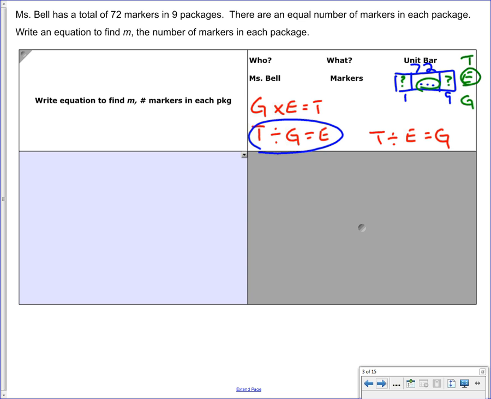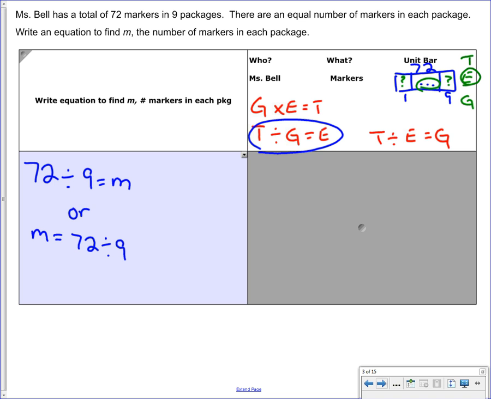So we set up our equation as so. 72 divided by 9 equals m, or we can write it as m equals 72 divided by 9. We don't know which way they're going to write it, so we'll write it both ways, just in case the way we write it initially isn't the way that they write it.